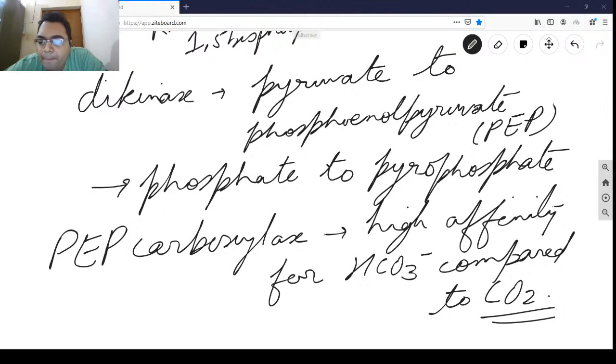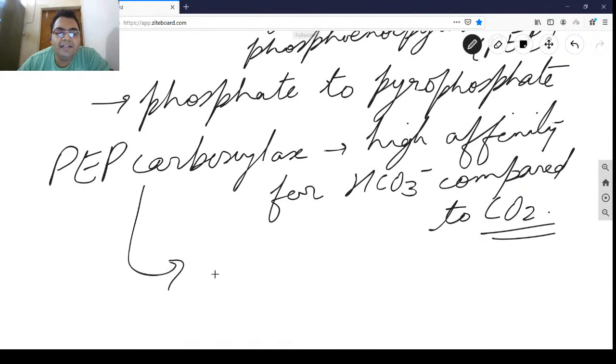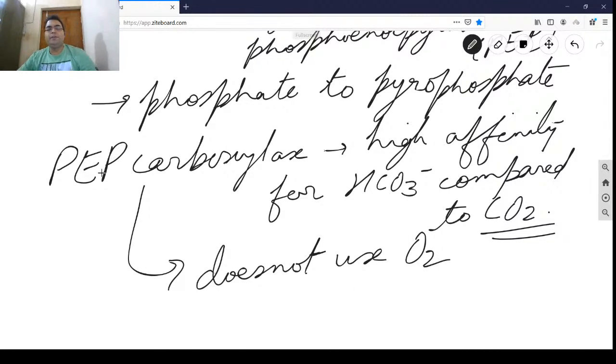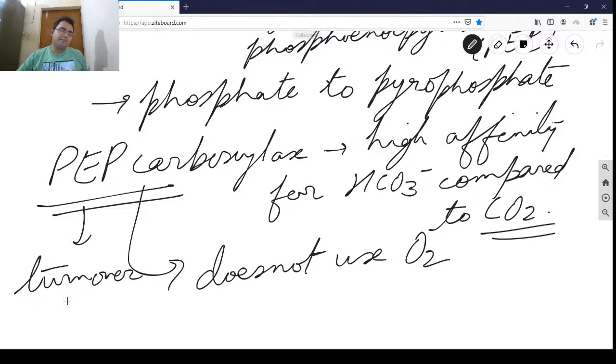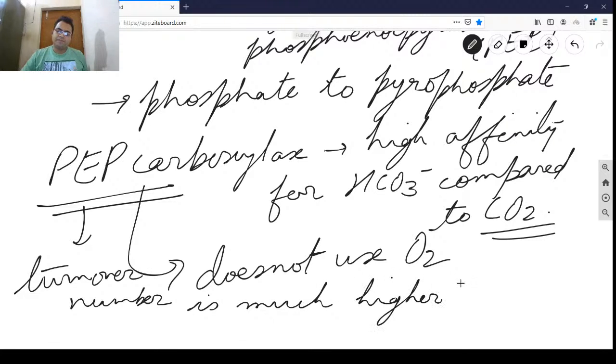So again, there is no competition between CO2 and O2, and it does not need to increase its enzyme concentration. That is why it is much more effective, meaning its turnover number is much higher than Rubisco. That is why again it uses HCO3 minus.